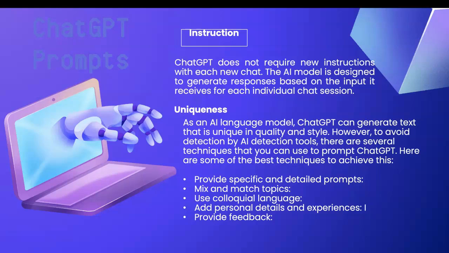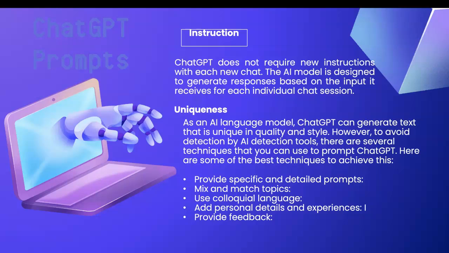So it is designed to process each chat session independently based on information that it received. But so there isn't a specific prompt that will reset ChatGPT to a particular style, because the model is designed to generate responses based on the input that it receives.